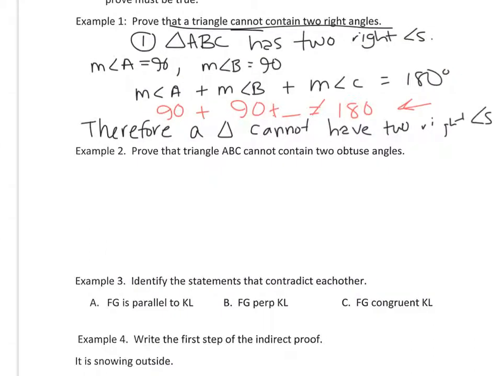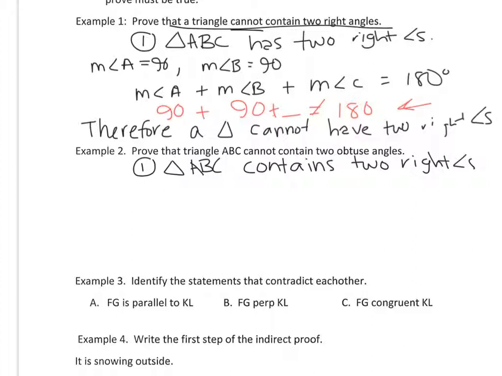And the second one, the first step is to write the negation. It says, prove that triangle ABC cannot contain two obtuse angles. So we're going to write that triangle ABC contains two obtuse angles.